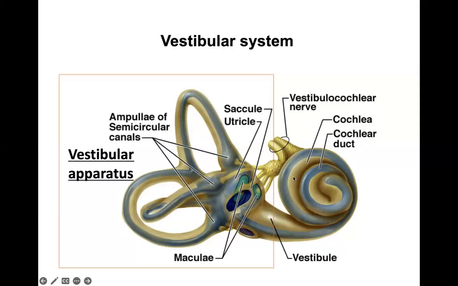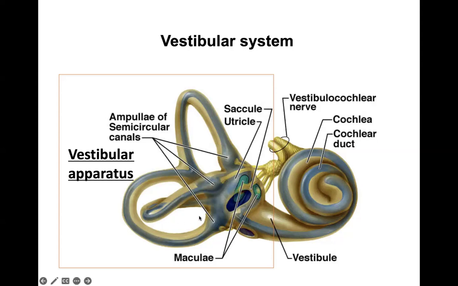That fluid is called endolymph, and inside the cochlea you have the hair cells that are located on the basilar membrane. Whenever the endolymph moves, those hair cells move, and the cilia bend, opening potassium channels, potassium flows in, depolarizing the hair cells, and this further causes an action potential signal that travels in the auditory nerve to the brain.